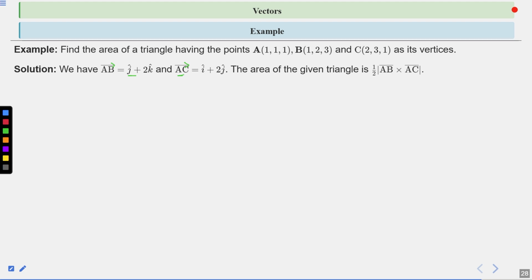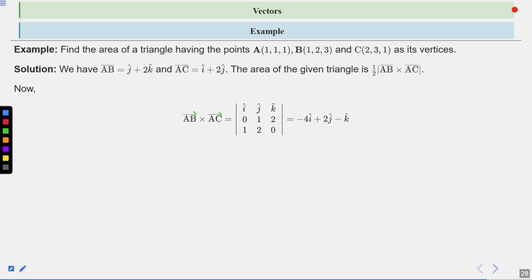The area of the parallelogram is AB cross AC. So find out AB and AC. AB vector cross AC vector is this one. I cap, j cap and k cap are the unit vectors.